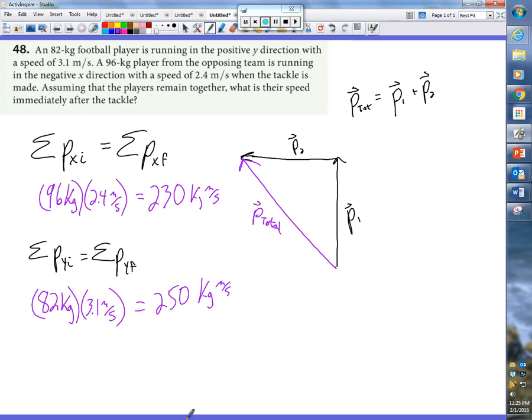Okay? So this is equal to 250 kilogram meters per second, and this is equal to 230 kilogram meters per second.